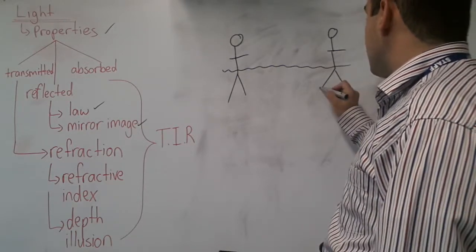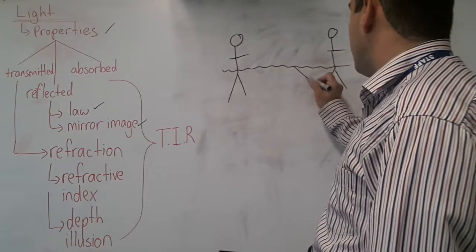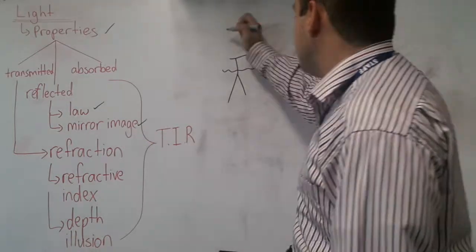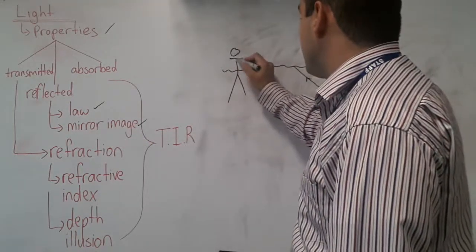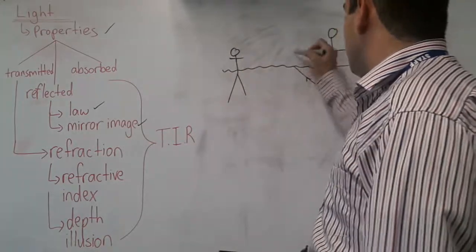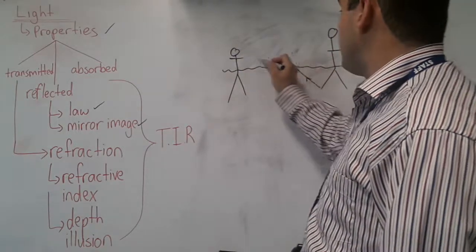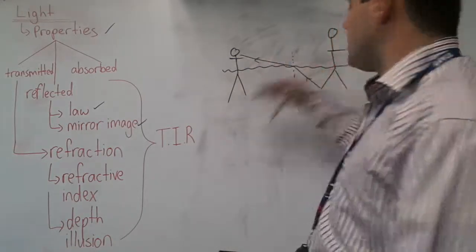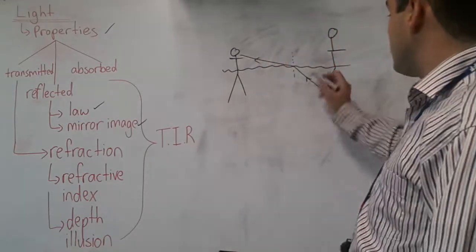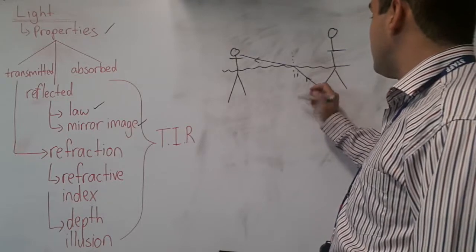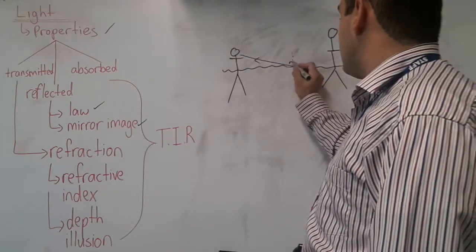So the light that's coming off the foot of your friend is actually, say you're a bit shorter than your friend, that's the normal. That light ray is actually going to bend away from the normal because it's increasing in speed. So this light ray, this angle of incidence, and this is the angle of refraction.